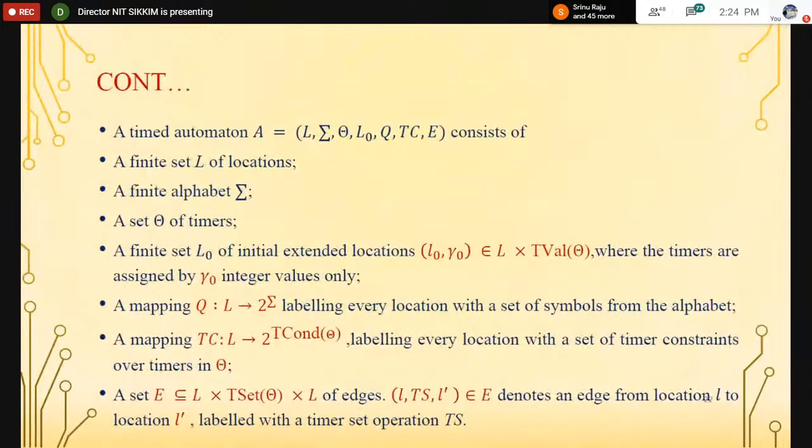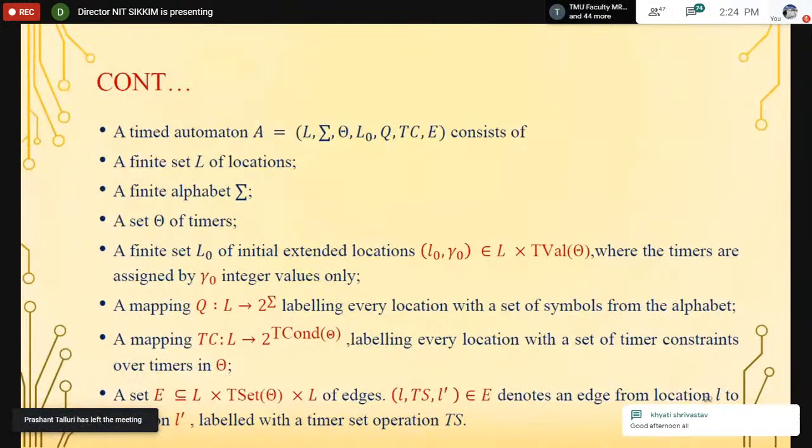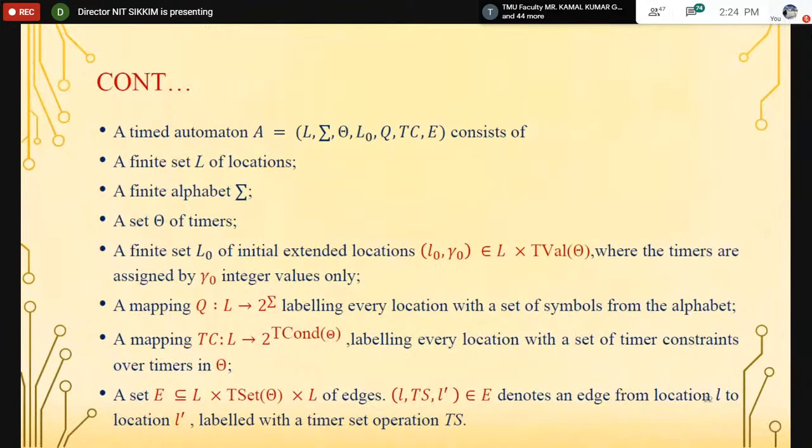This is again a formal definition of the timed automata or timed omega automata. So again, the symbols are more or less the same. The only thing is, now the initial state has two values. One is your L0, the same as in the untimed automata, but this is now combined with gamma 0 or nu 0, whatever it might be, which is a time value.